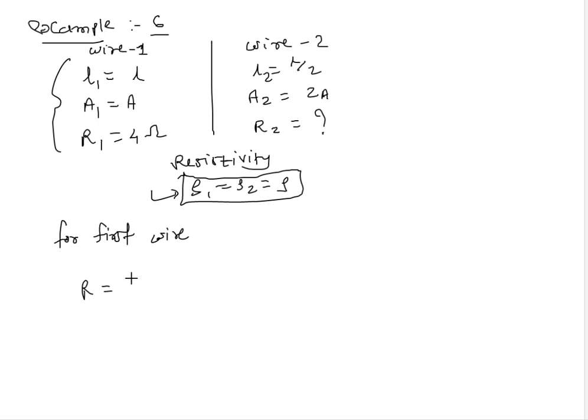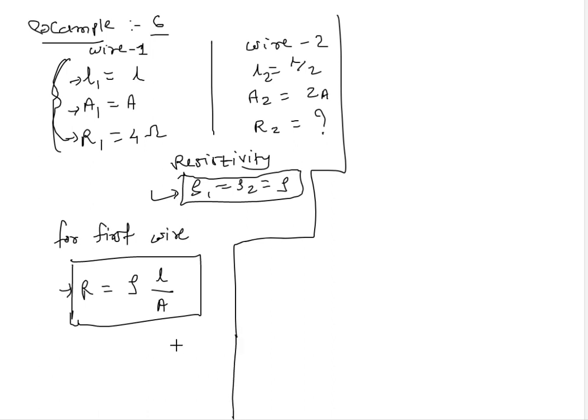No, R1 plus R2 plus R3 is for the series. Yes, R is equal to rho into L divided by A. See the data, and according to the data we can find the formula which is applicable.